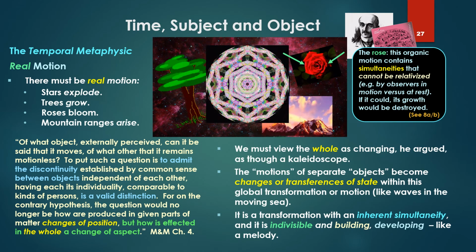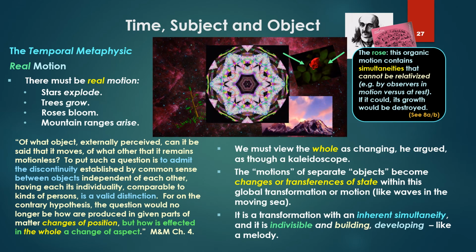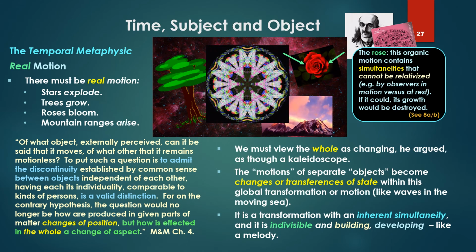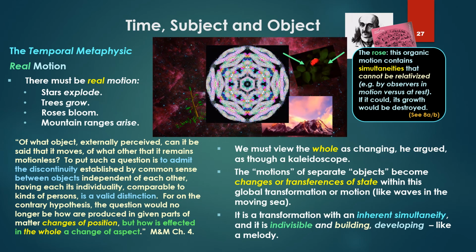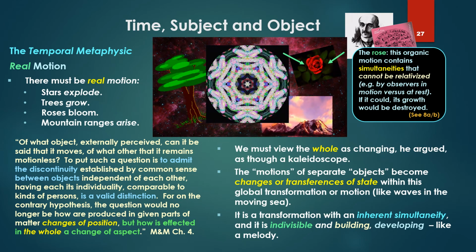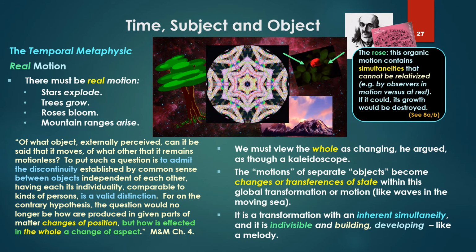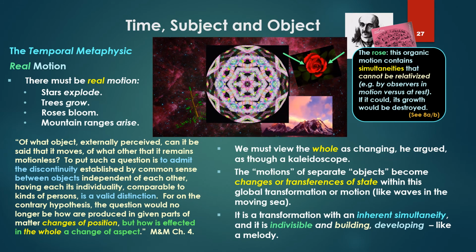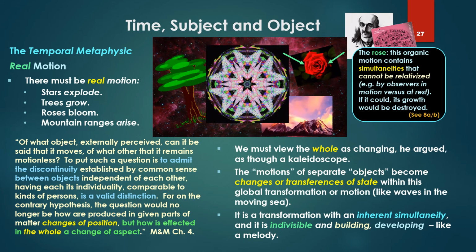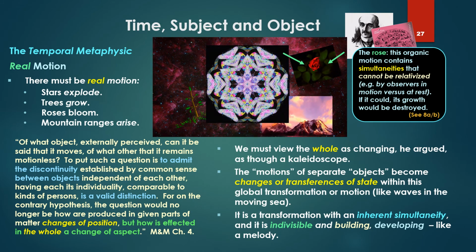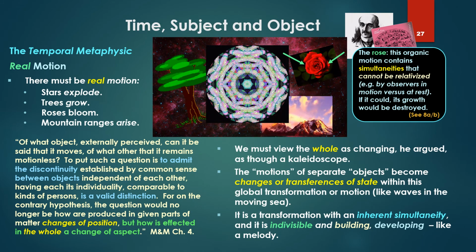For example, note up there the rose, talking about simultaneities. This organic growth of the rose contains simultaneities. Points on each side of the rose, for example, might reach the same point simultaneously in this growth. But these are simultaneities that cannot be relativized.